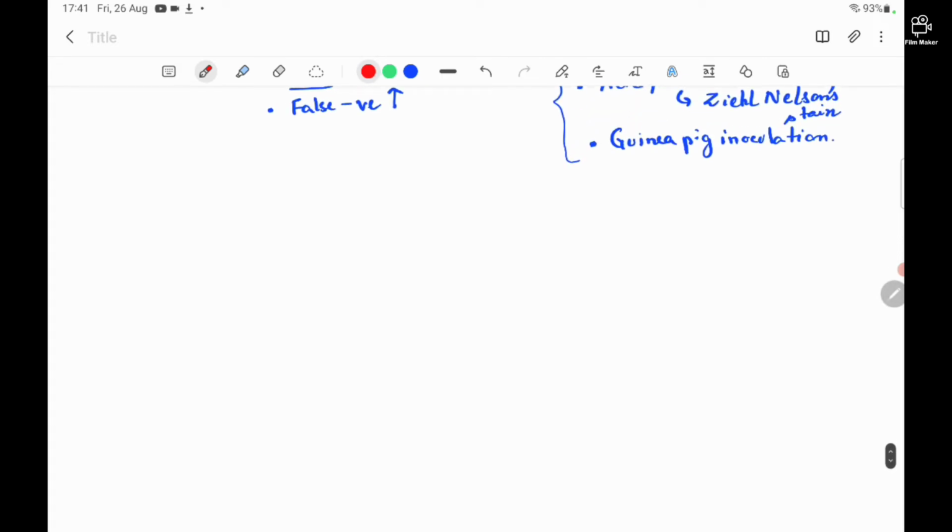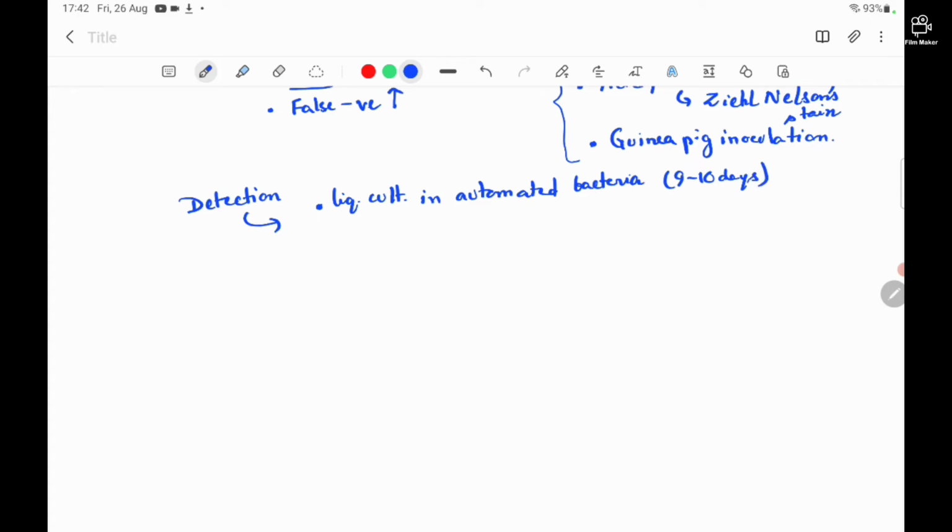Now apart from these, for detection purpose, you can do liquid culture in automated bacteria, which takes around 9 to 10 days. This is also a long process.